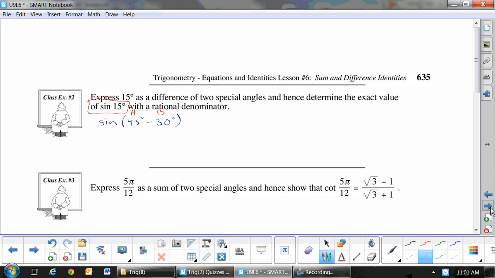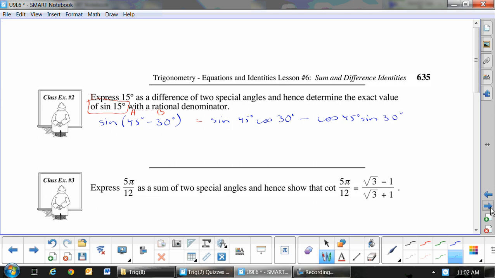Now, if you're looking with me on your formula sheet, I'm doing sine A minus B. So that is the same thing as sine A, 45 degrees, cos B, which is 30 degrees, minus cos A, which is 45 degrees, sine 30 degrees.